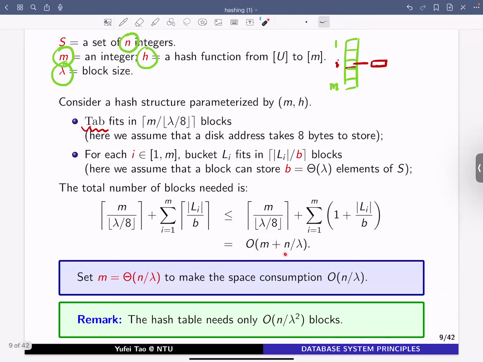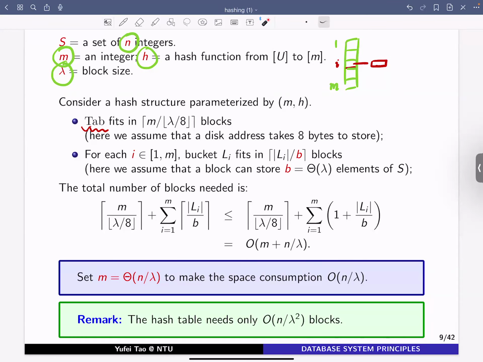Now, on the other hand, this n over lambda captures the fact that you will have to store n elements. And let's recall that this n over lambda is considered the linear cost because this is the smallest number of blocks you will need in order to store n elements up to a certain constant factor. Okay.